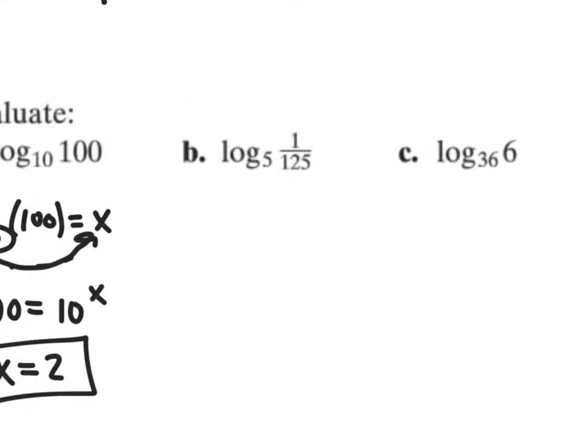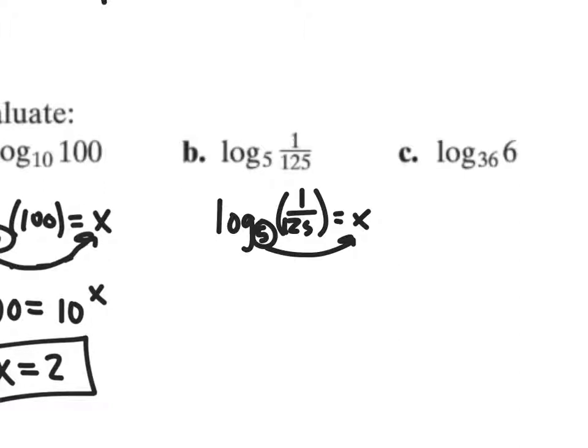All right, so now on this one, let's do log base 5 of 1 over 125 is equal to x. Let's take that, put it into exponential form, so 5 to the x. So the log drops off, 1 over 125 is equal to 5 to the what power. Now, what we have to do is think about the graphs that we did the last time.